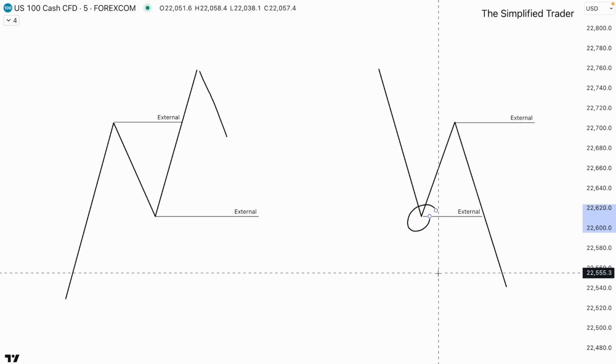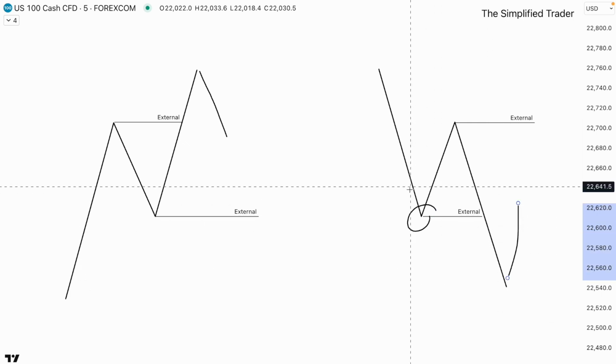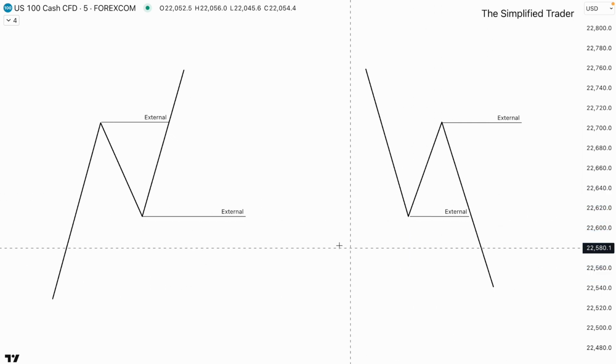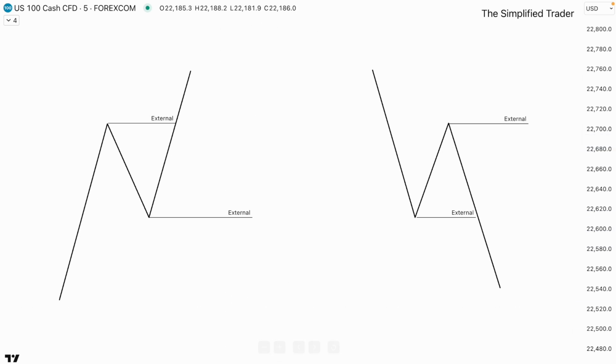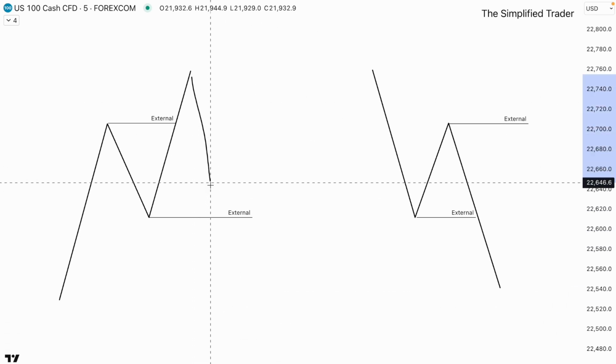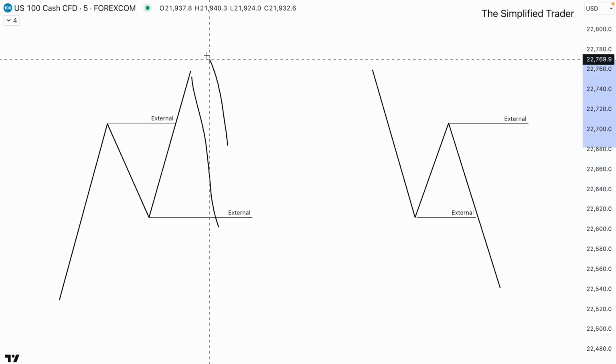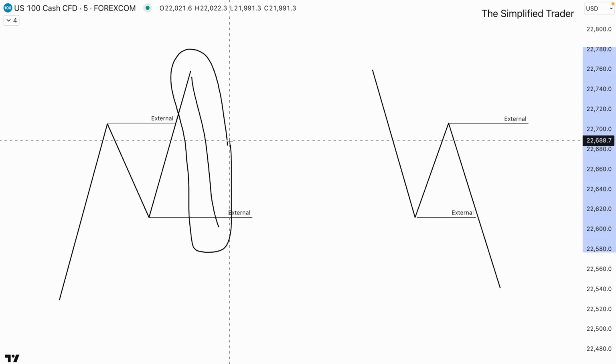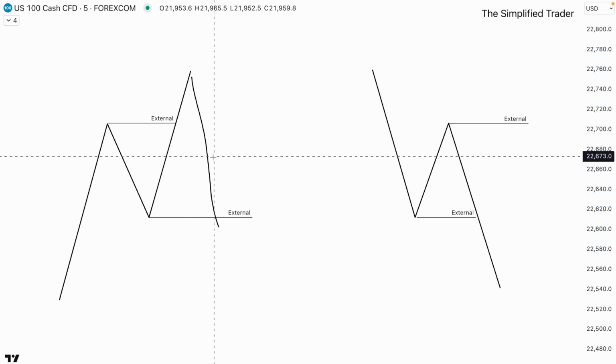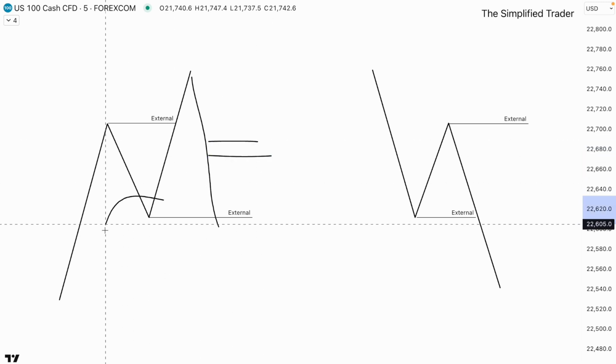Here we have swept external, we are looking for internal range liquidity. If price action comes and we take out this external low, where are we going to be looking for internal range liquidity? We are going to look for fair value gaps in this leg of price, because this leg of price swept our low.